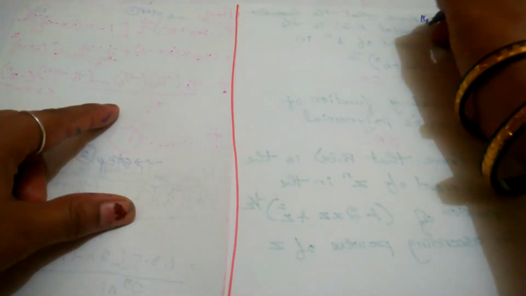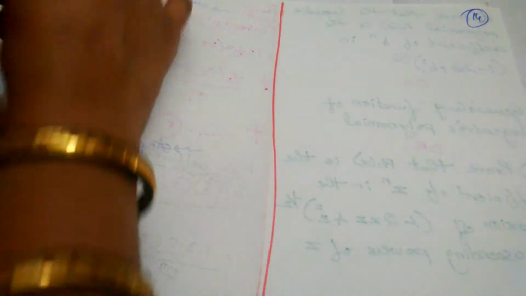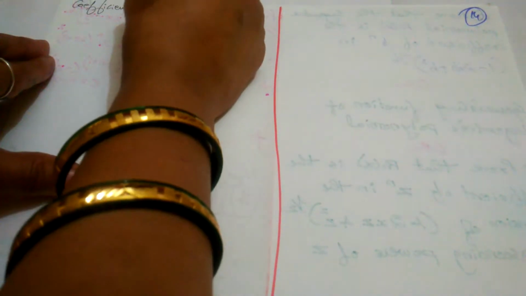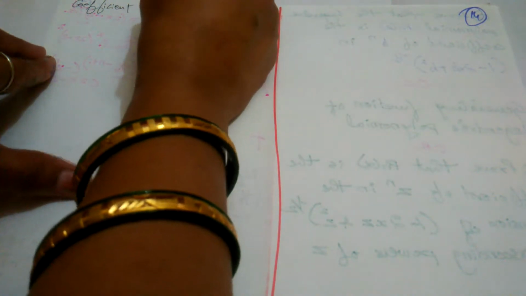That was page number 13. Now this is page number 14. So here again, that is the coefficient of z^n.